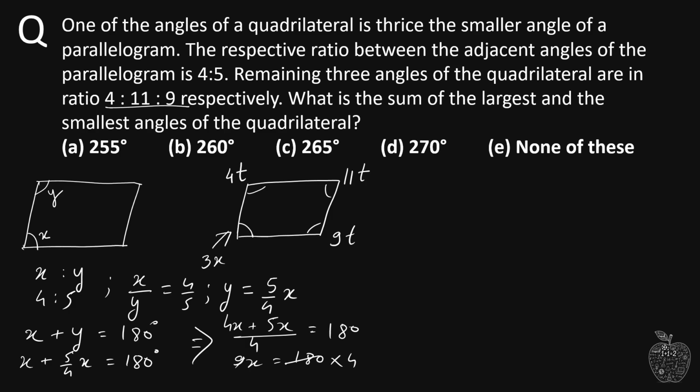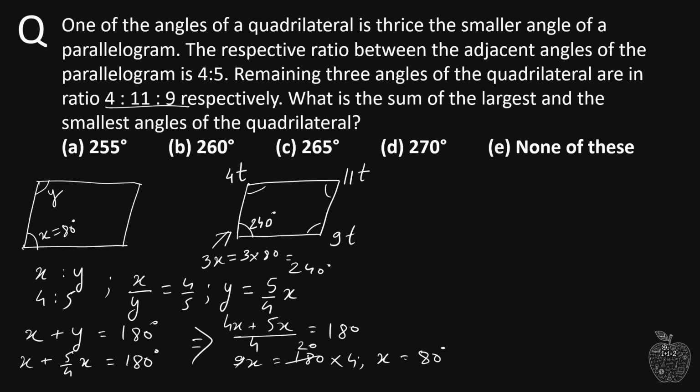So 9 ones are 9, 9 twos are 18. So here we get x as 20 into 4, 80 degrees. So we have the value of x here, which is 80 degrees. Now from this information, we can find this angle of the quadrilateral, which is 3x. So 3 into 80 here will be 240 degrees, right? So this angle of the quadrilateral is 240 degrees.